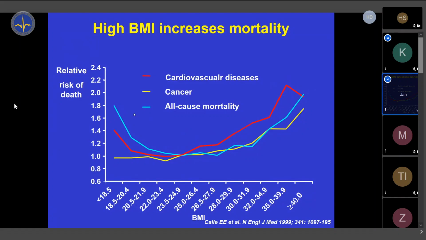The reason why these undernourished people have increased mortality is quite unclear, and people are still discussing it. Maybe they don't have energy stores to fight serious disease or infection. So this left part is not really well explained, and we will focus on the right part, which is excess fat and excess mortality.